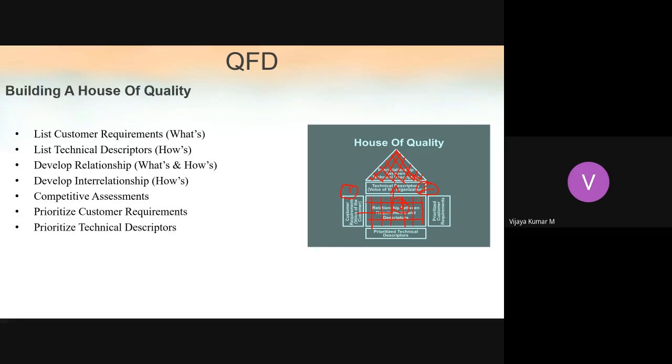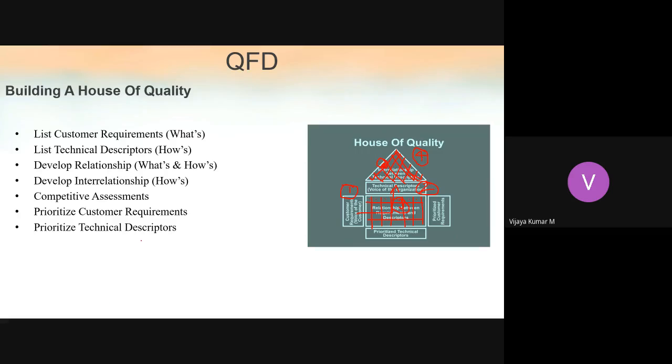In this way, the interrelationship between the technical descriptors, as well as the customer descriptors, will be depicted at this particular place, right? That you have to prepare, that is called develop interrelationships. This is the fourth part of the house of quality.